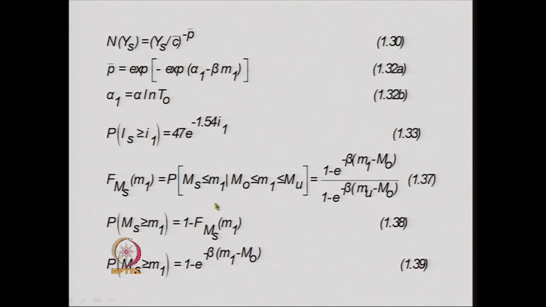And if we know the probability of the magnitude of earthquake being less than or equal to a certain value, then one can calculate the probability of exceedance of the magnitude of earthquake for the same value of the magnitude, that will be 1 minus this quantity.